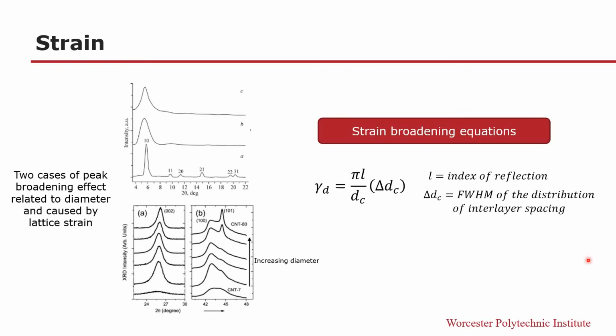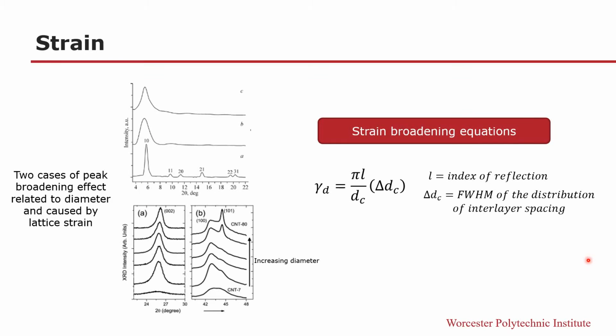Strain broadening can complicate the calculation of nanotube diameter as well. The smaller the diameter, the higher the curvature of the nanotubes, and the higher the strain on the carbon lattice. This will result in peak shifting and broadening.